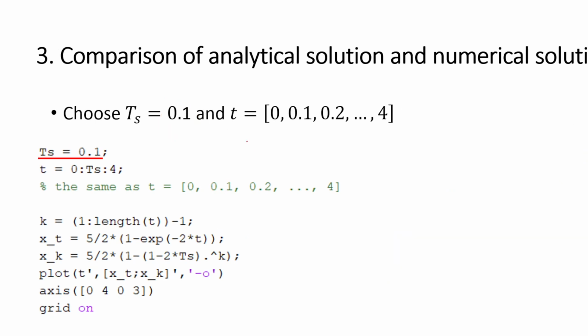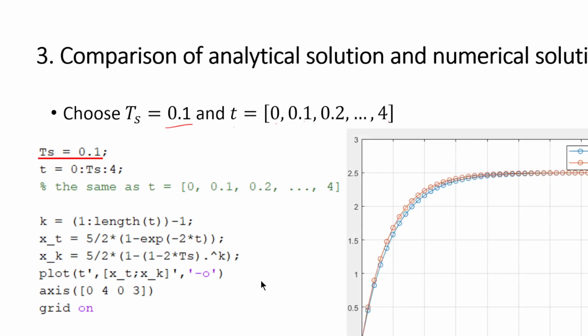What if I choose a smaller sample time? So t taken from 0.1 up to 4 seconds again, and then you can see that the gap between the two solutions is smaller, right?